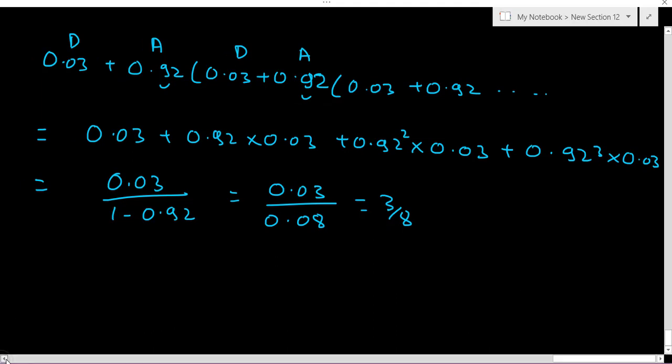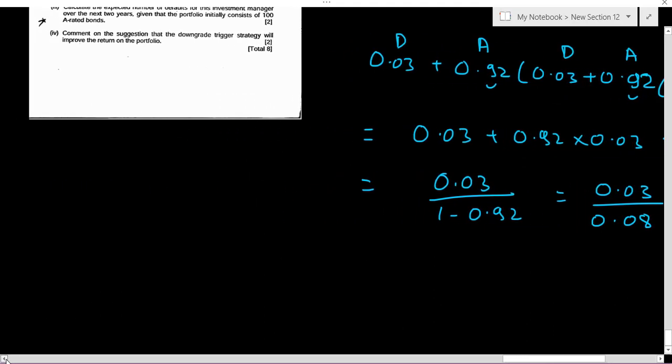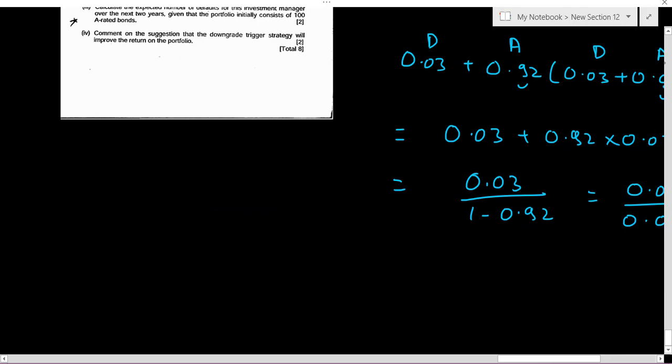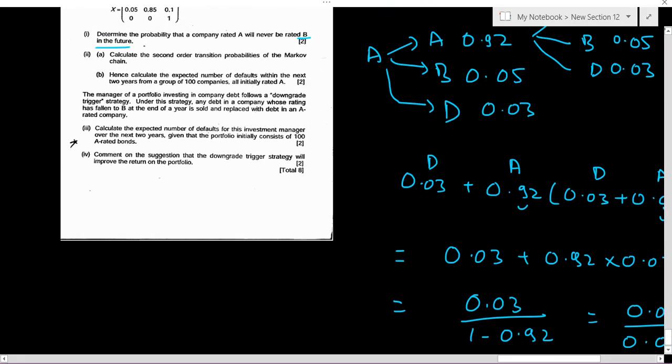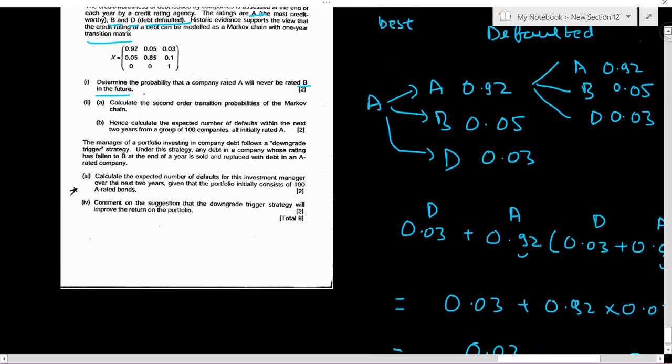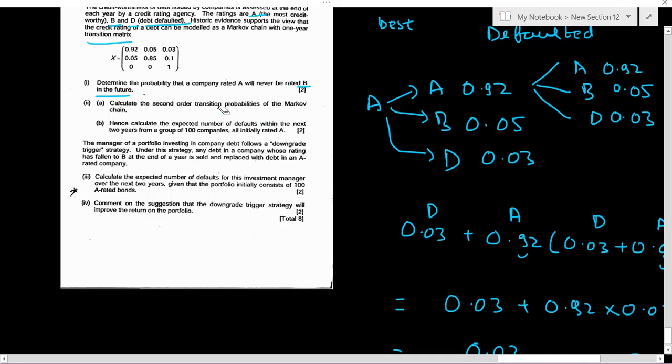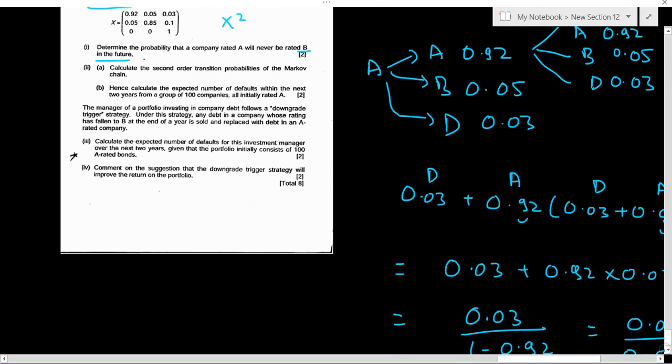Now let's look at the next part. They are asking us to calculate the second order transition probabilities of the Markov chain. If this is X, second order transition probabilities would be given by the transition matrix X square. That is pretty easy to calculate. You can calculate it, and I'll just directly write the answer.